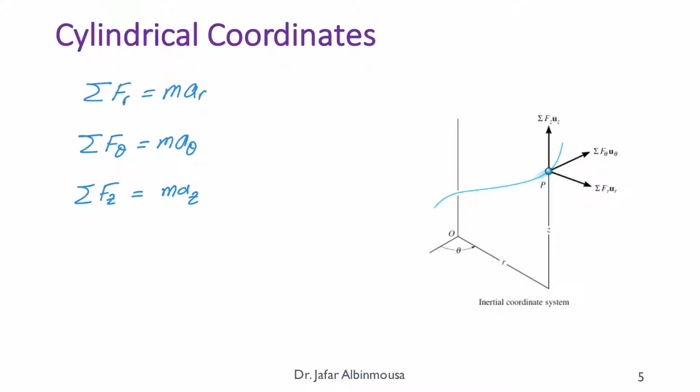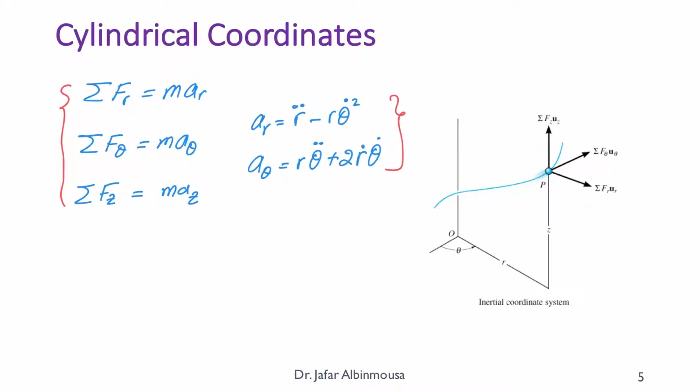Just to remind you from chapter 12, AR equals R double dot minus R theta dot squared, and A theta is equal to R theta double dot plus 2 R dot theta dot. So this is the information that we get from the kinematics, and this is the kinetic part.